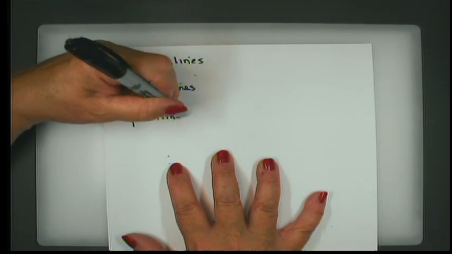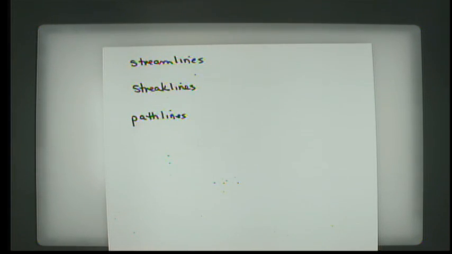But because fluid flows are very complicated, we try to isolate them and look at them in certain ways, or isolate certain types of properties, and then make a decision about what the fluid looks like based on sort of an integrated or maybe just a ginned up version of those variables. A definition of a streamline is in your textbook, and I have a definition for streak line and a definition for path line.